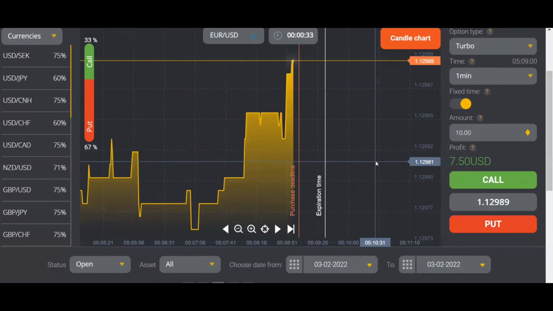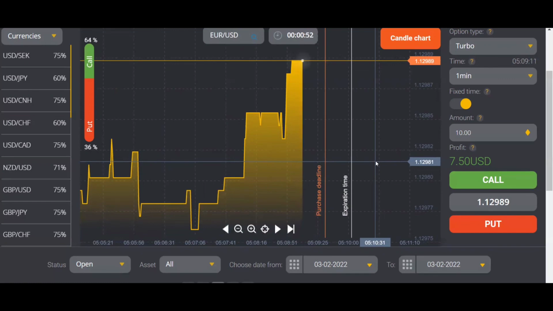So that's the only downfall, is just having to figure out what the point difference is for your strike price and really finding the entry you want. So, besides that, this is a great platform.